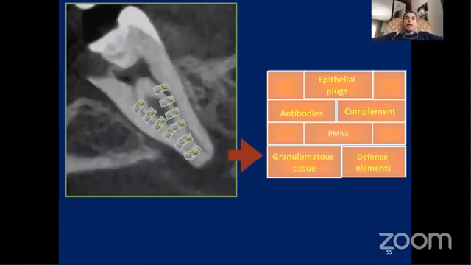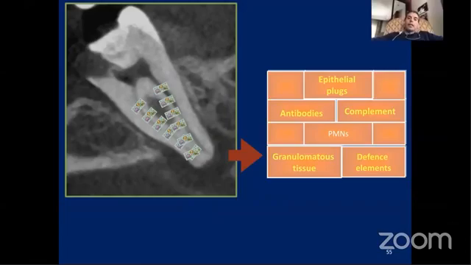So when I see a periapical lesion, I know we have a fight, and this fight is between immunity cells and the microorganisms. My role as a dentist is not to eliminate the immunity cells by going into surgical intervention, but by helping the body to get rid of the microorganisms inside the root canal system.